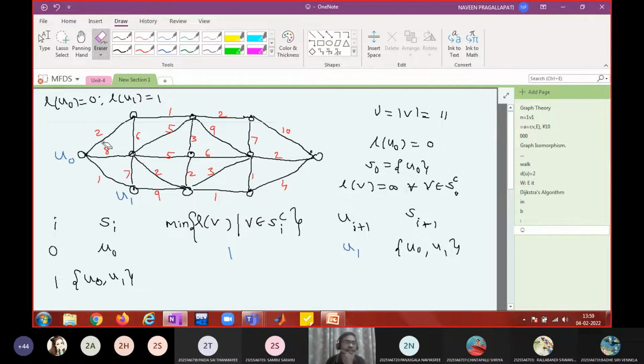If you are going direct along this path, 2 plus 1 is 3. But if you want to reach along this path, 3 plus 2 is 5, 5 plus 9 is 14. 14 is the walk length from this point to this point, and that walk length you add with the already existing value. Okay, so that is what you see in the algorithm.